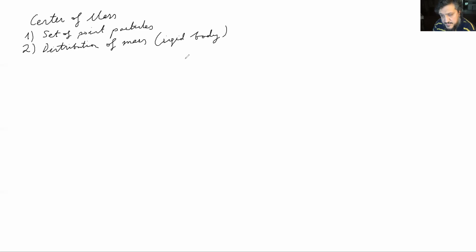So let's start with the general idea of the center of mass. This could be in 1 dimension, 2 dimensions, or even 3 dimensions. Doesn't matter. All you need is n number of particles. I'm just going to use 2 dimensions on this plane.